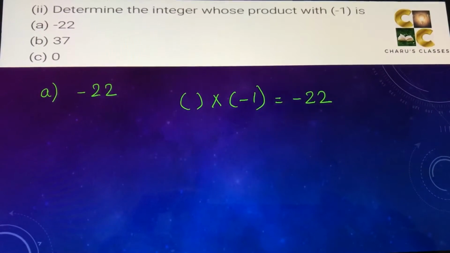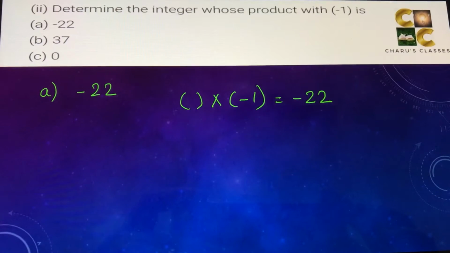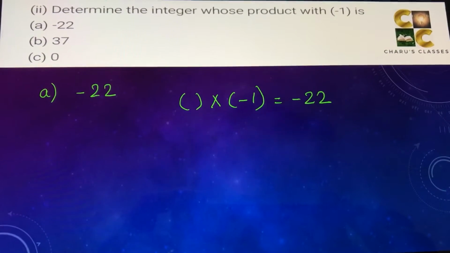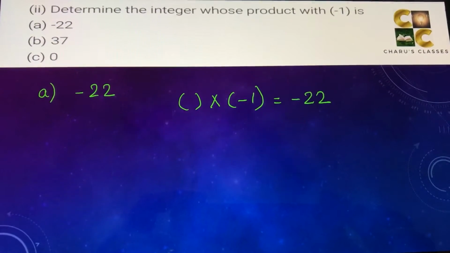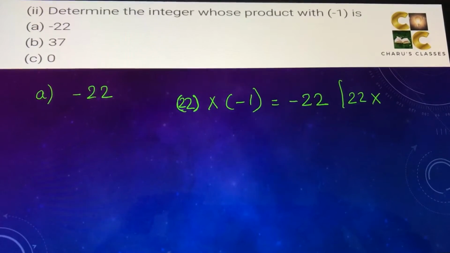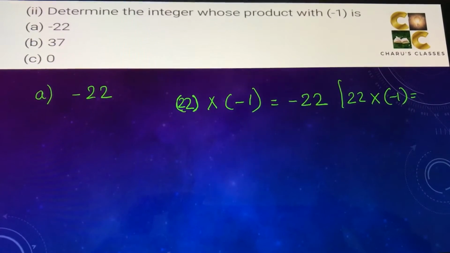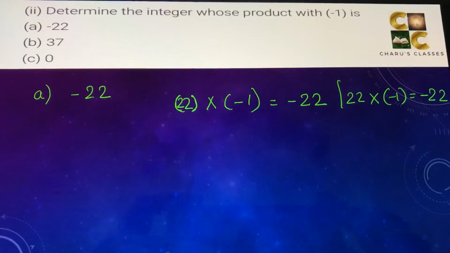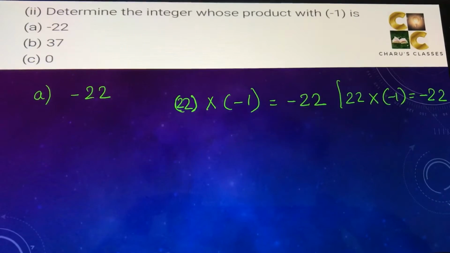In multiplication, if one of the integers is negative, then the answer is negative. So that means ये वाला integer positive है. And we know 1 into 22 is 22. So this number will be 22. 22 multiplied by minus 1: 22 ones are 22 and one minus sign because of minus 1.